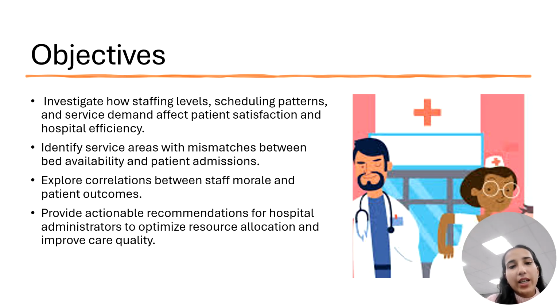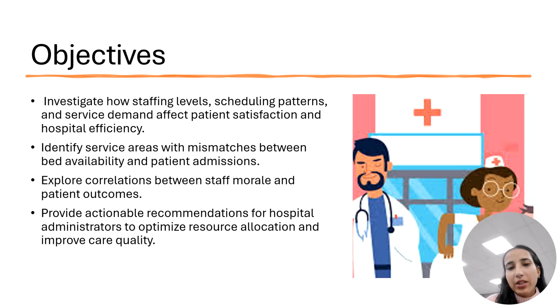In this project, our first objective was to investigate how staffing levels, scheduling patterns, and service demand influence both patient satisfaction and hospital efficiency. We also aim to identify service areas where mismatches can exist between bed availability and patient admissions.